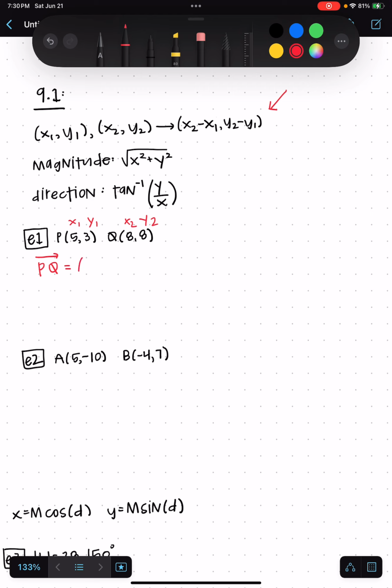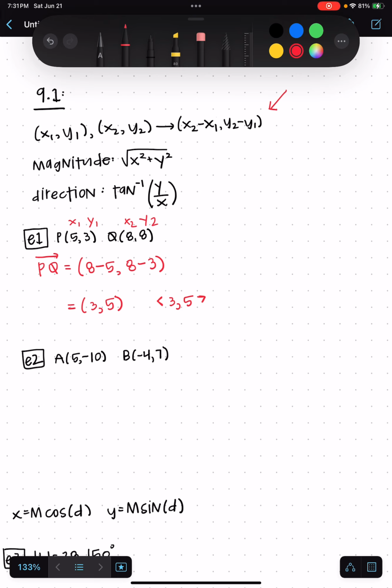So in my formula, it's x2 minus x1, which in this case would be 8 minus 5, and then y2 minus y1, which would be 8 minus 3. When we simplify that, 8 minus 5 is 3, and 8 minus 3 is 5. We write vectors with little brackets, so my vector PQ would be 3 comma 5. That's the component form of my vector, which is great.